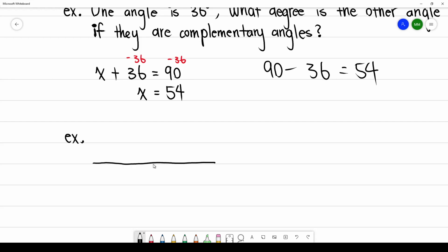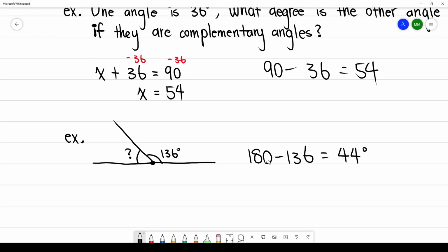So this, and then this, this, 136. What is this angle? 44. Yeah, 44.